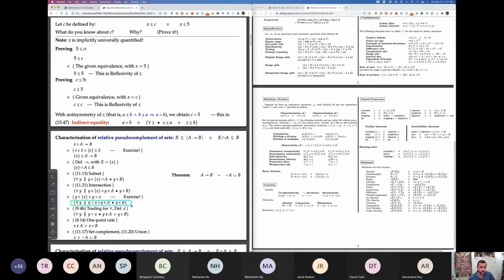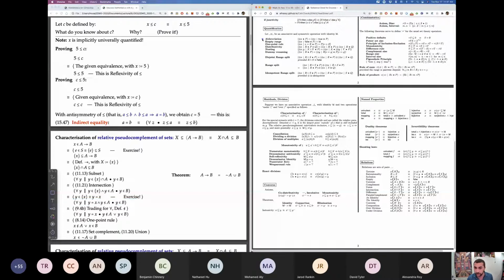Okay. So now our goal is to say, all right, how do we simplify this as much as possible? We only want to have an expression involving x on the other side, right? So we have x is inside something, and we want x is inside something else. So let's try to get rid of this y. The first thing to try is to say, hey, when there's an equality, that hints at the 1-point rule.